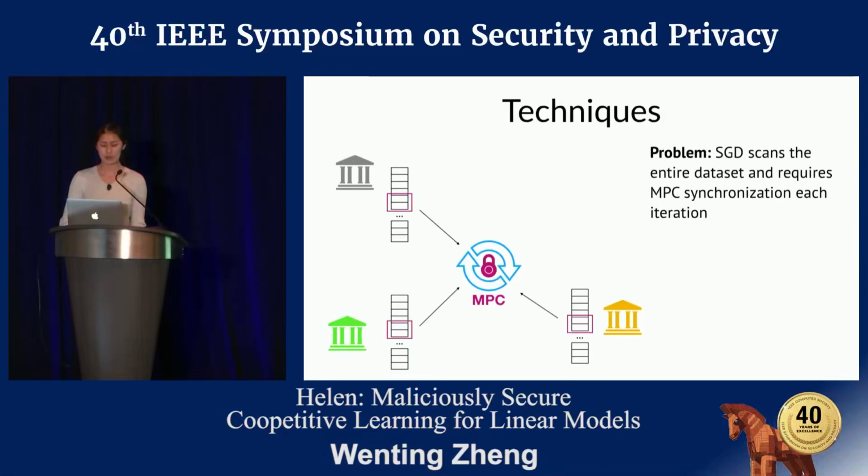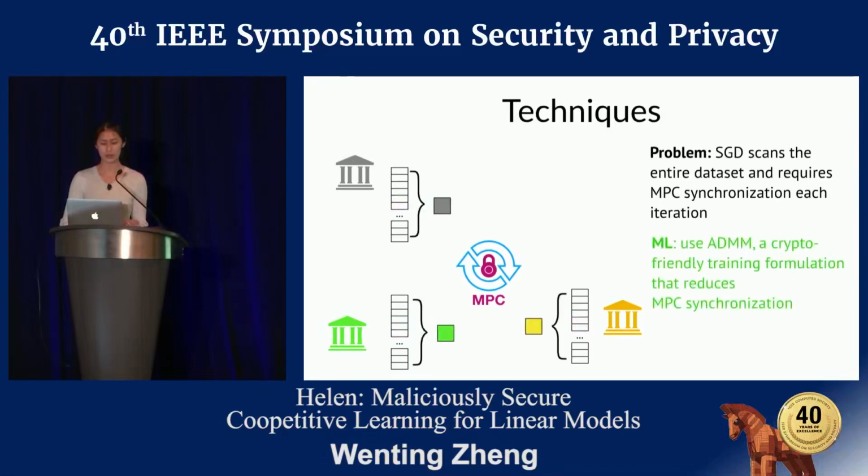So we instead use an alternative approach. We use a different training formulation called ADMM that is crypto-friendly. In our model, ADMM is able to scan the data once in the beginning to produce a summary of the entire data. And then during training, it will repeatedly use this data. And with this, the number of iterations as well as the MPC synchronization are both greatly reduced.